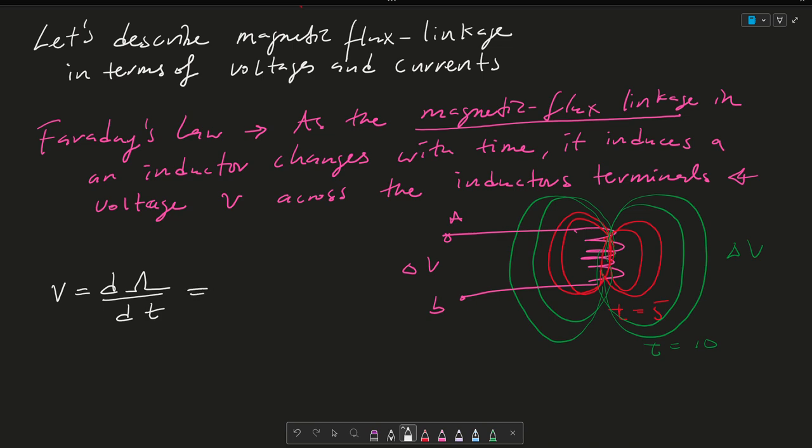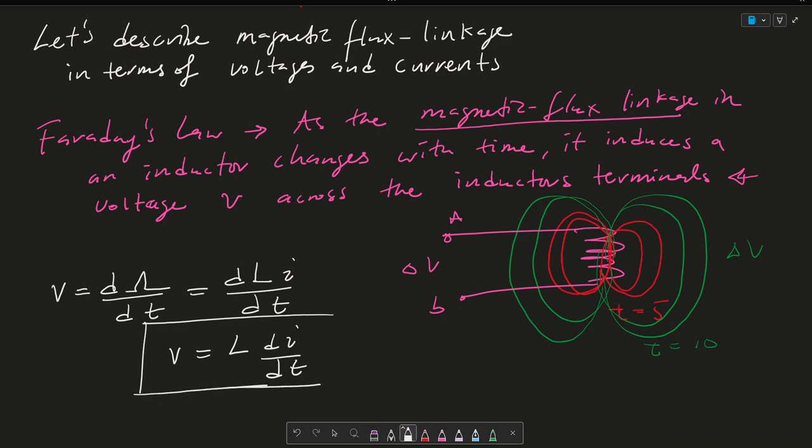But we know that magnetic flux linkage is L, what we call an inductor or inductance, times I. So then if we pull out the L, we get L di over dt equals V. So this is where you get that beautiful equation, which all electrical engineers should know. Okay, so I hope this makes sense in terms of how we've integrated it from the lower level all the way to the high level, right? You should now understand this equation and where it comes from.